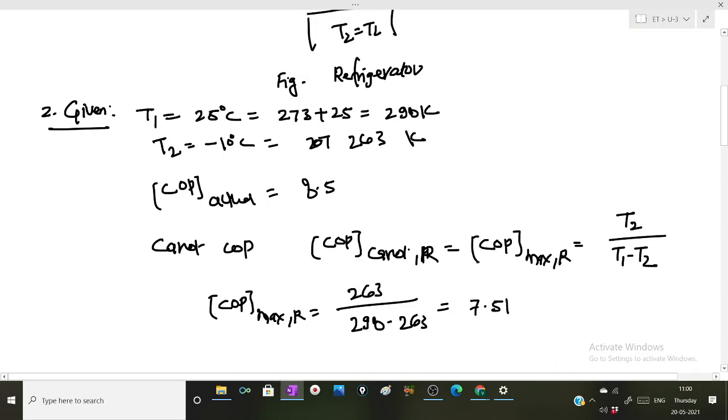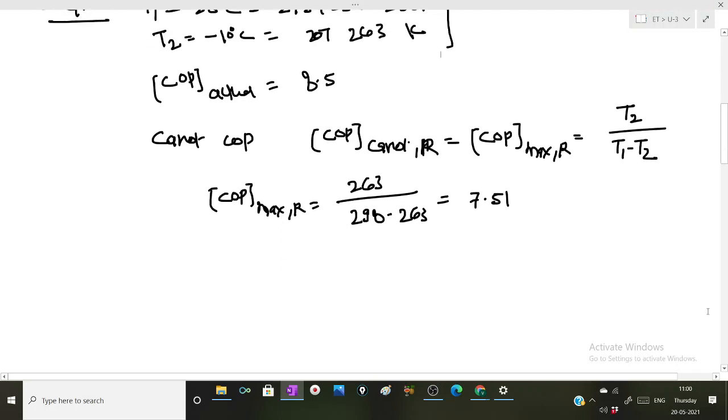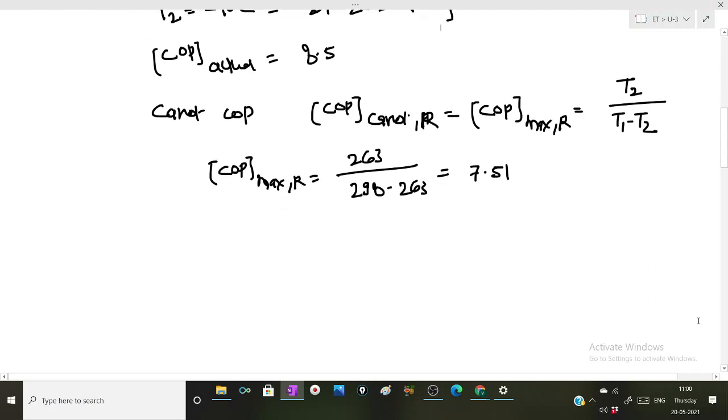Now, mind well, whenever you are considering the temperatures in the calculation of efficiency of heat engine and COP of heat pump and refrigerator, please consider these two temperatures always in Kelvin. Okay.